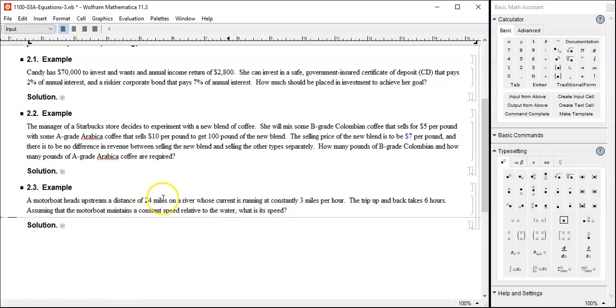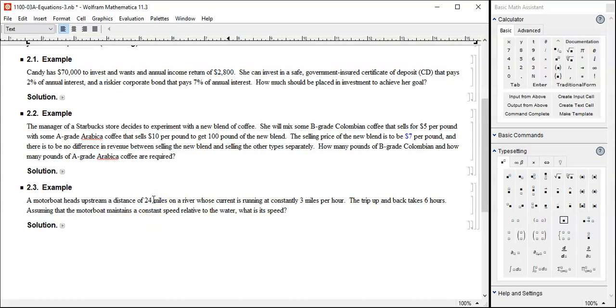Let's see. Distance of 24 miles total, and then total 6 hours. So these two must have something to do with capital A and capital B, but excuse me, I misspoke. 24 is not total.